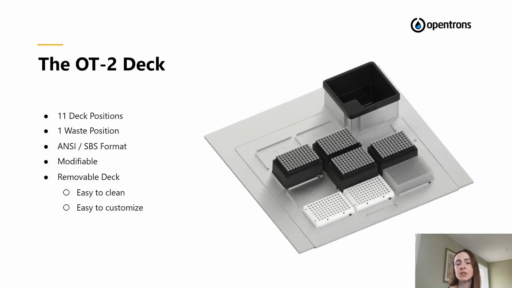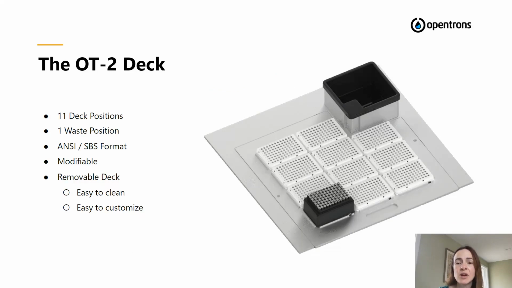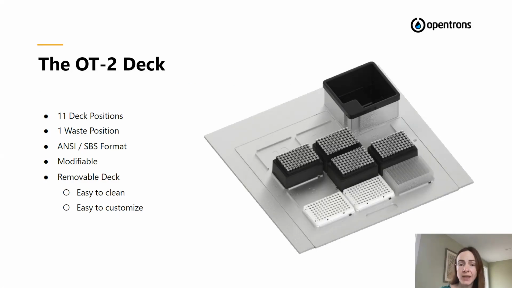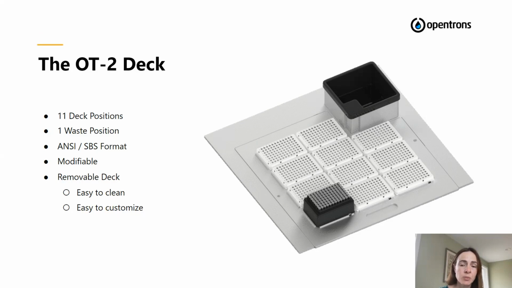I mentioned the modularity of the system, and this is just a cute graphic that shows this in real time. So there are what we call deck positions on the robot. There are 11 places that you can put things on the robot, and those can be hardware modules like a thermocycler. There can be tips and labware like a 96-well plate.